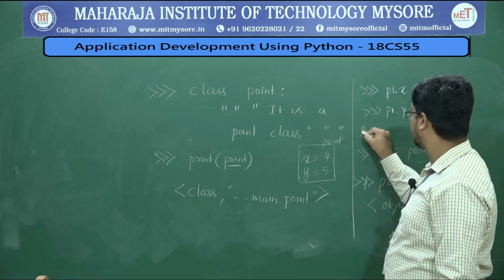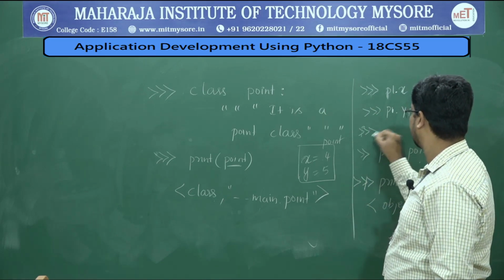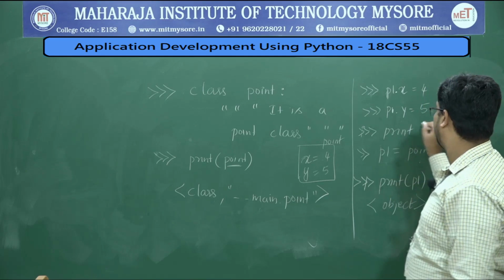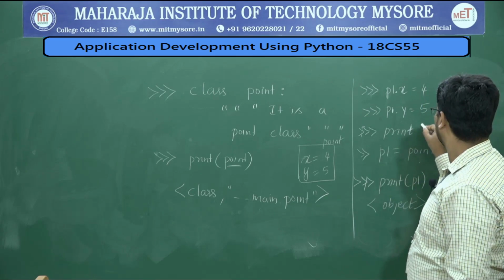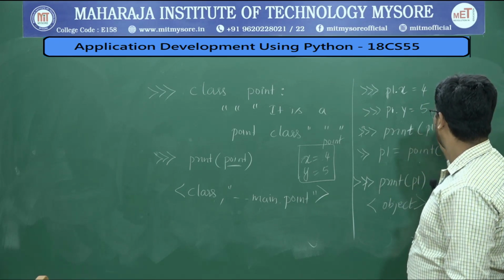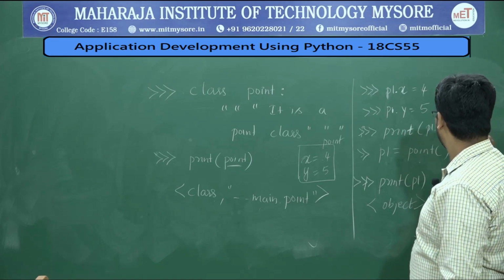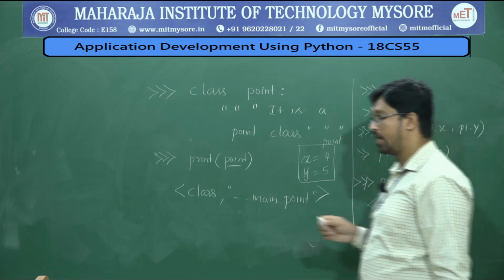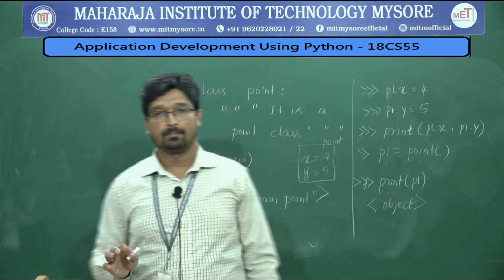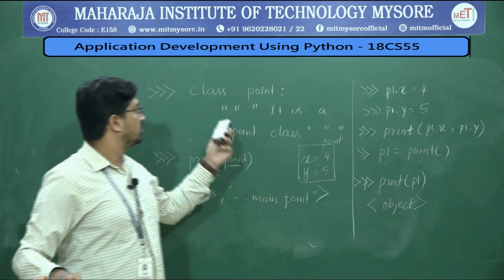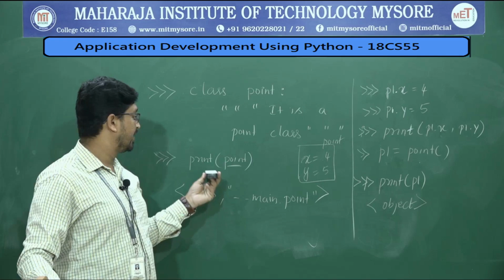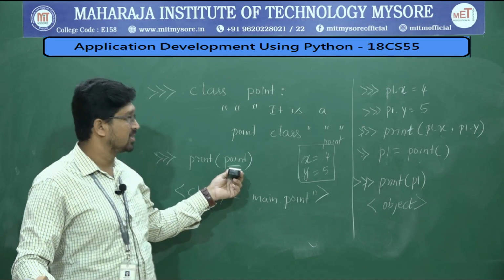Now if you want to print, let us say p1.x, p1.y. So both the values get printed. So we are creating an empty class, trying to print what this class is.